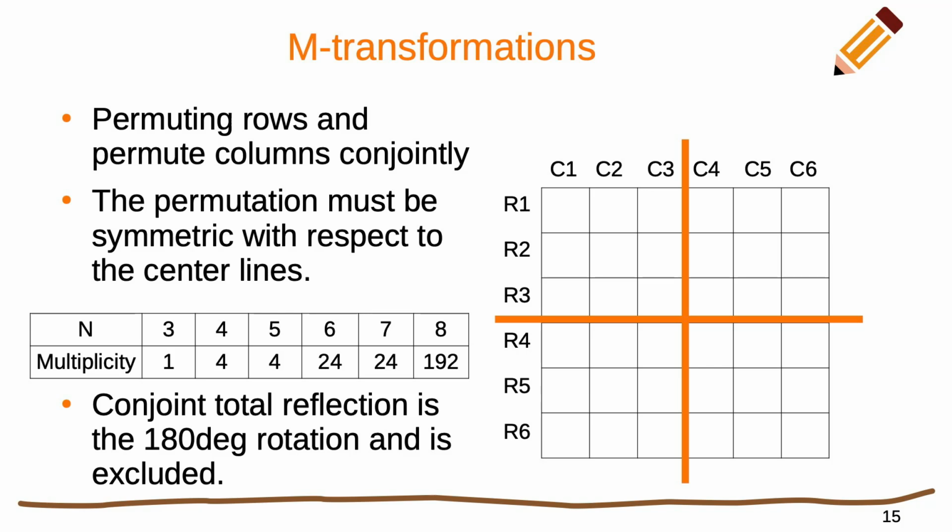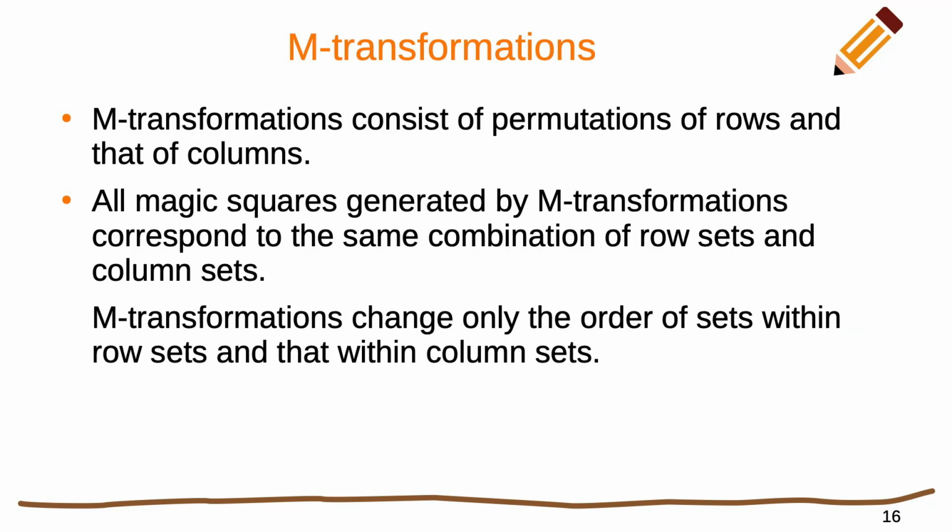The multiplicity of M transformation is easily calculated, as shown here. These numbers do not include the multiplicity arising from simultaneous horizontal and vertical reflections, because the result is equivalent to a 180-degree rotation.